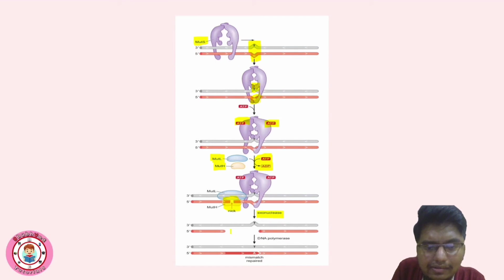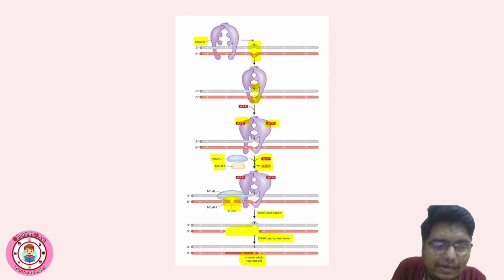You can see here there is a gap, till the mismatch nucleotide. This gap will be filled by DNA polymerase 3. This we are seeing in E. coli. We can see here the mismatch has been repaired with the correct nucleotide.